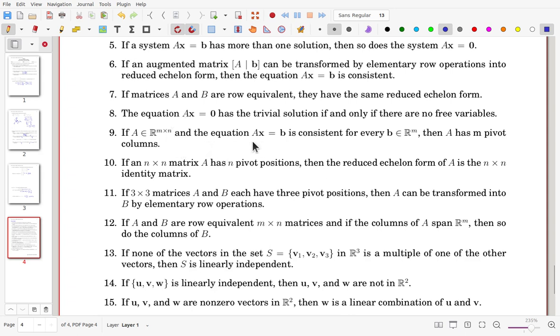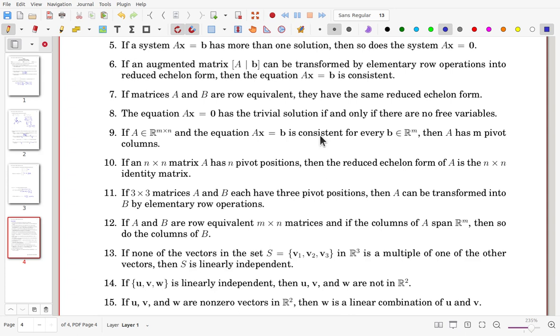Here this system is consistent for every B, which means that each row of A has a pivot position. There are m rows, so there are m pivot positions, and those pivot positions will make m pivot columns. Right? So it is true.